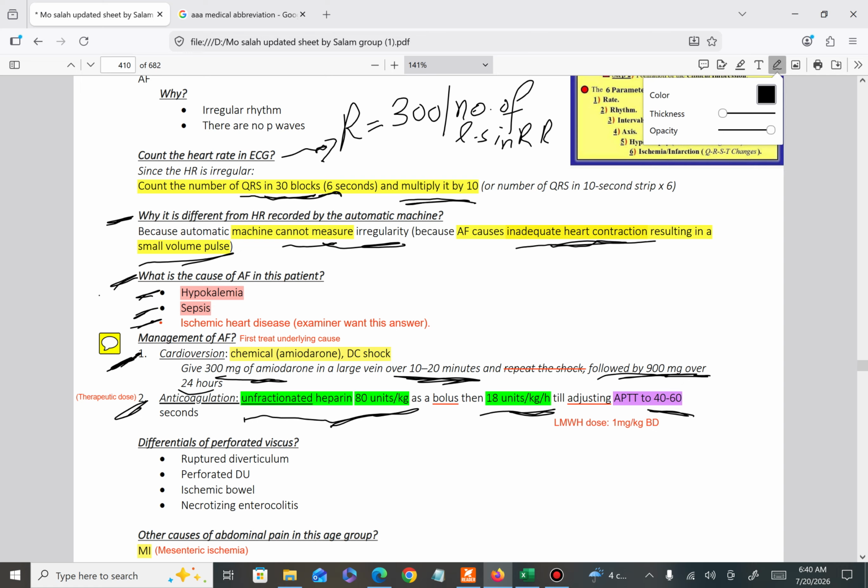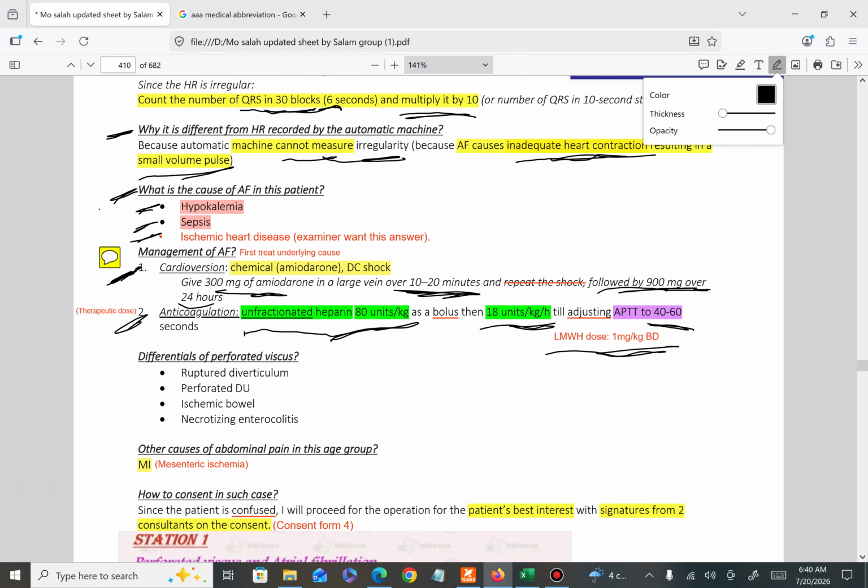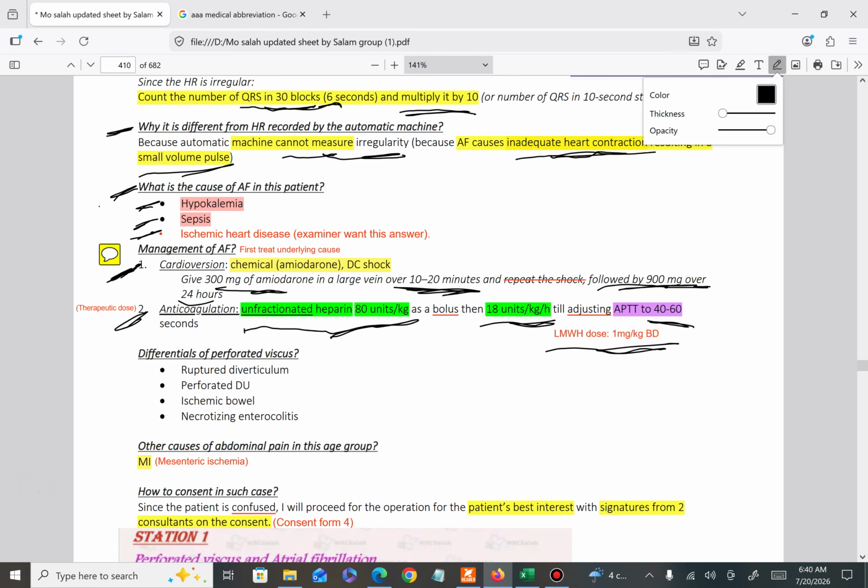The dose of low molecular weight heparin is 1 milligram per kg BD. Okay, so this is how we give anticoagulants in atrial fibrillation.